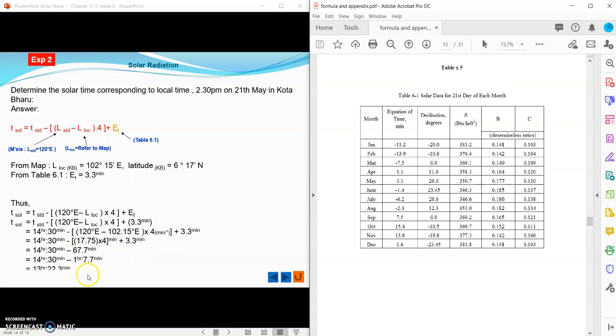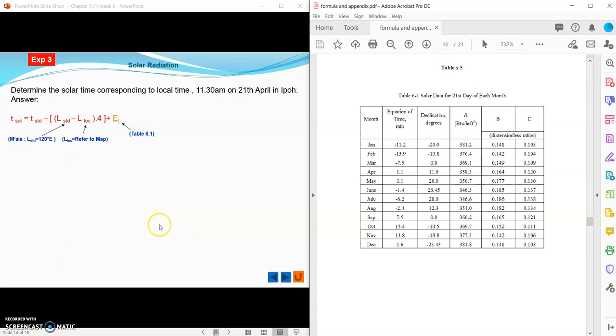Try, and you will get a different answer from before because the ET is different, 3.1. Next one, example 3. Now you are still finding the solar time corresponding to a local time of 11:30 a.m.